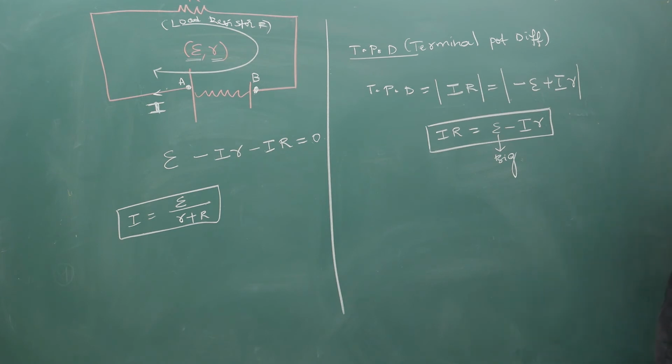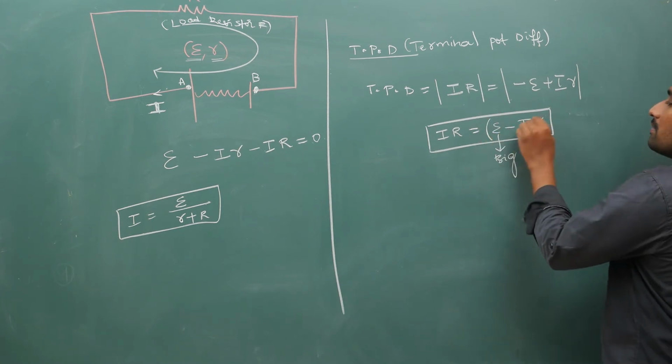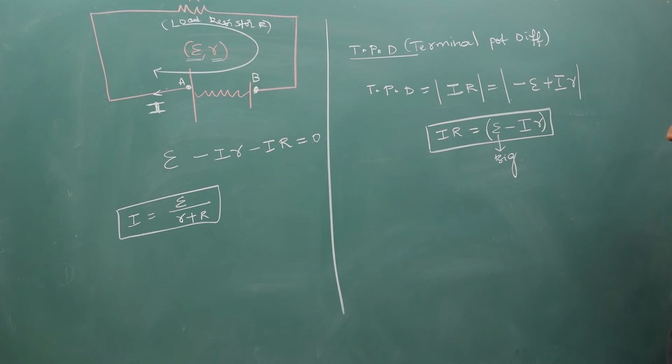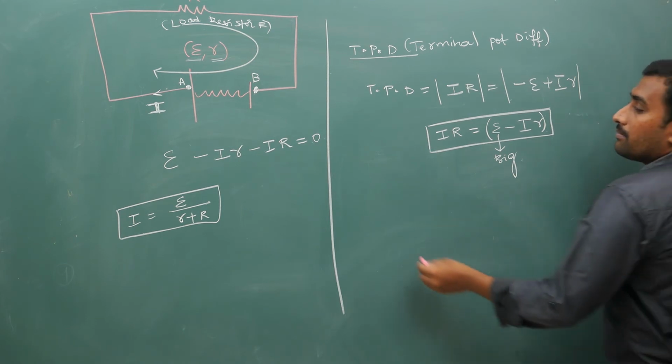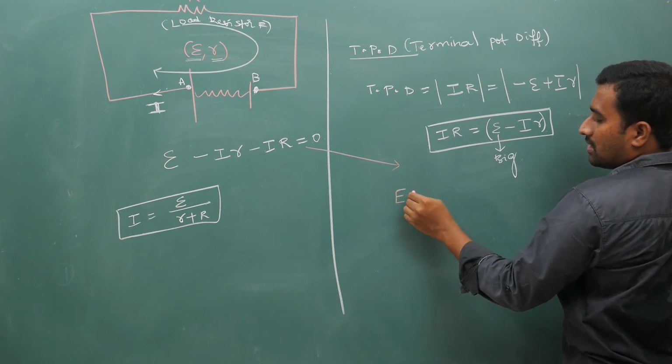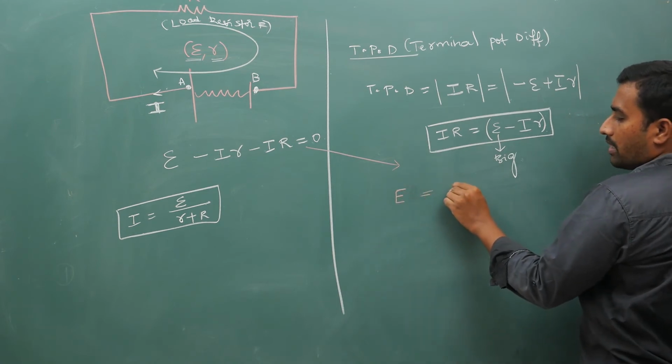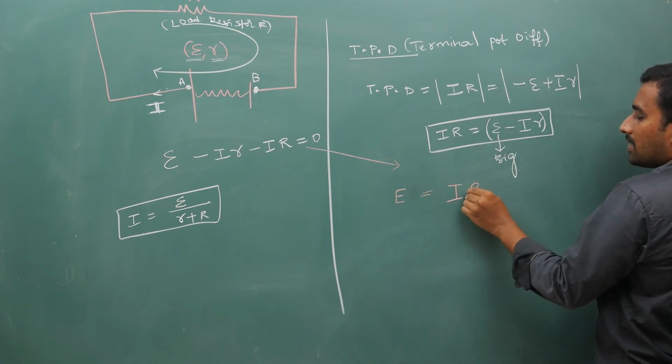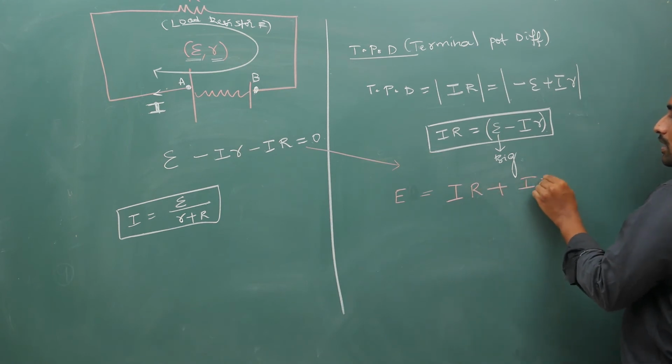Now you have got terminal potential difference. Let us come back to this equation. Your EMF is I times capital R plus I times small r.